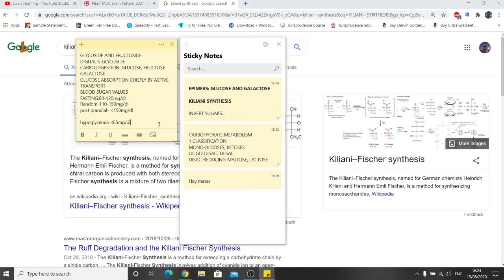Hyperglycemia is increased blood sugar levels greater than 120 per deciliter.